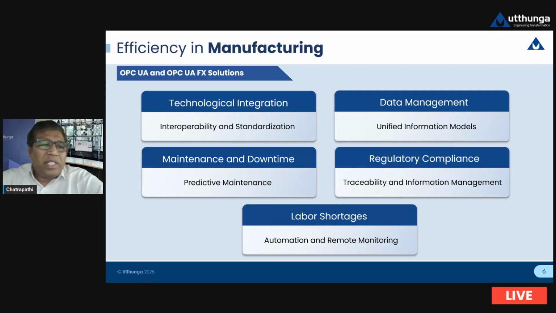So for the first one, technological integration related aspects. OPC UA and UA FX provide very easy to integrate solutions for information exchange between different automation systems.